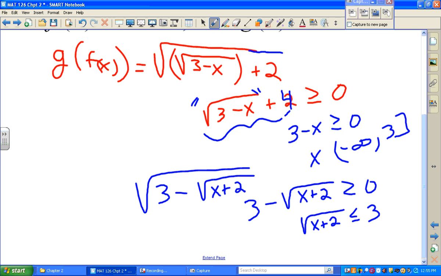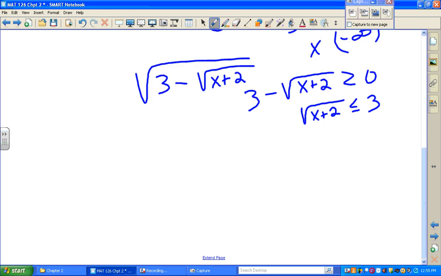Is that right? Well, if this number comes out to be 5, 3 minus 5 is a negative number. That can't be. So when would the square root of x plus 2 be less than or equal to 3? When would that be true? Well, whenever x plus 2 is less than or equal to 9, right?